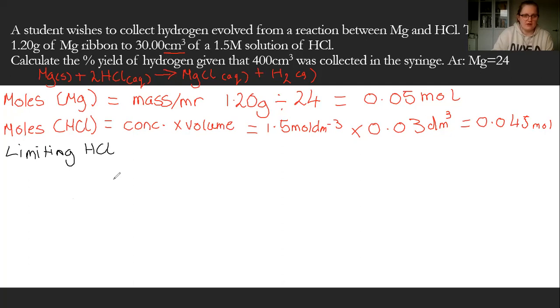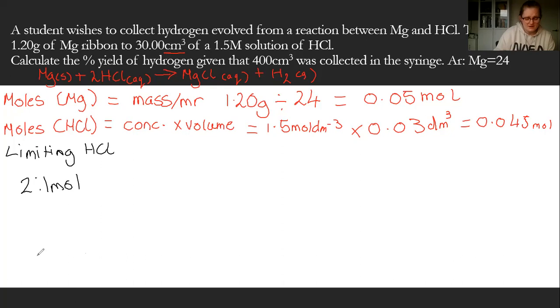So if we have a look here, our ratio of hydrochloric acid to hydrogen, well, we've got 2 moles of hydrochloric acid. We've got 1 mole of hydrogen there. So it's got a ratio of 2 to 1. So the 2 to 1 ratio means for every 2 moles of hydrochloric acid, we produce 1 mole of hydrogen. So let's put 1 mole there.